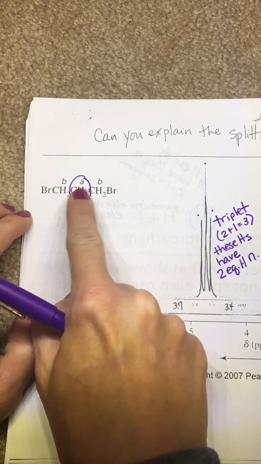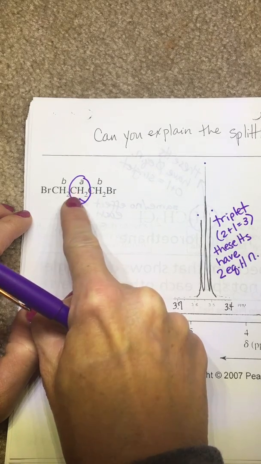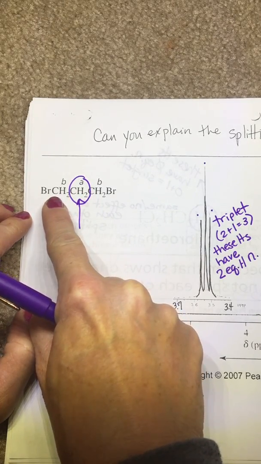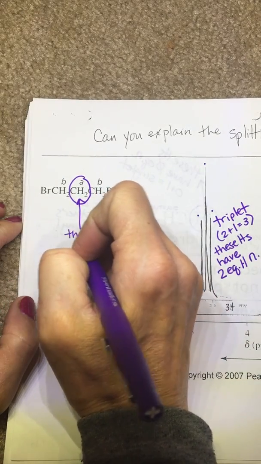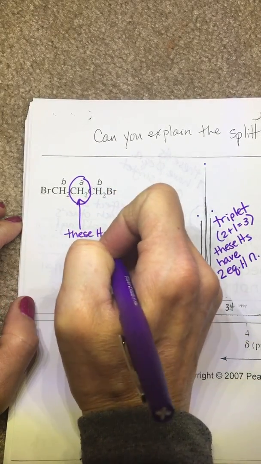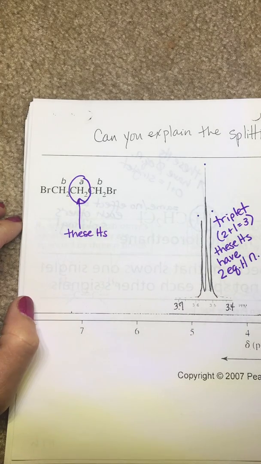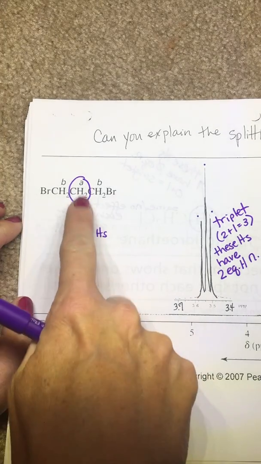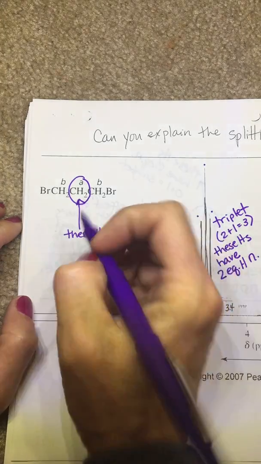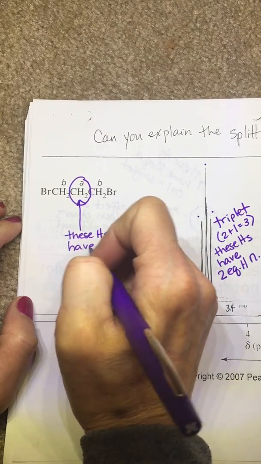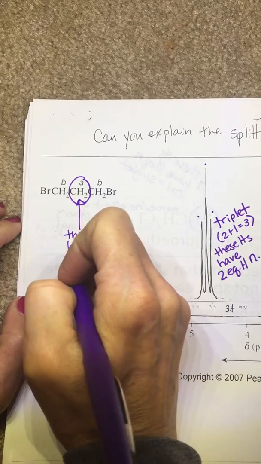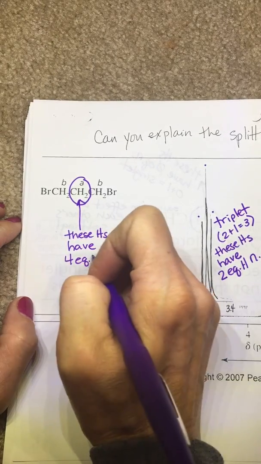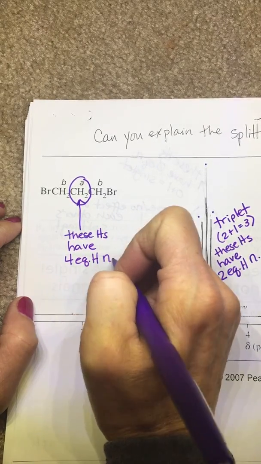So this carbon is attached to a carbon here, that's a neighbor, and attached to a carbon here, which is also a neighbor. Okay? So these hydrogens, I always like to start with that statement so I know who specifically I'm talking about. So these 2 hydrogens right here have 1, 2, 3, 4, have 4 equivalent hydrogen neighbors.